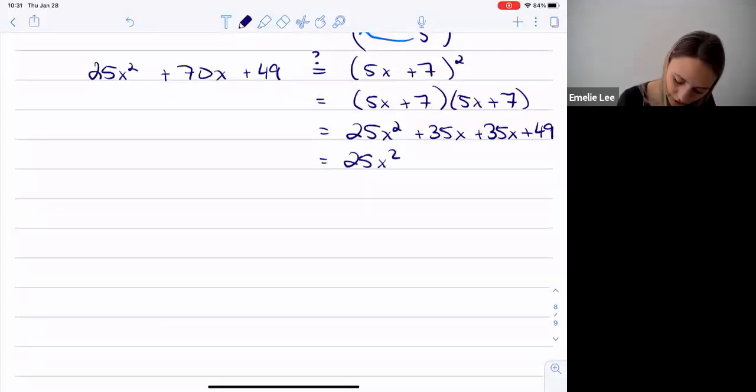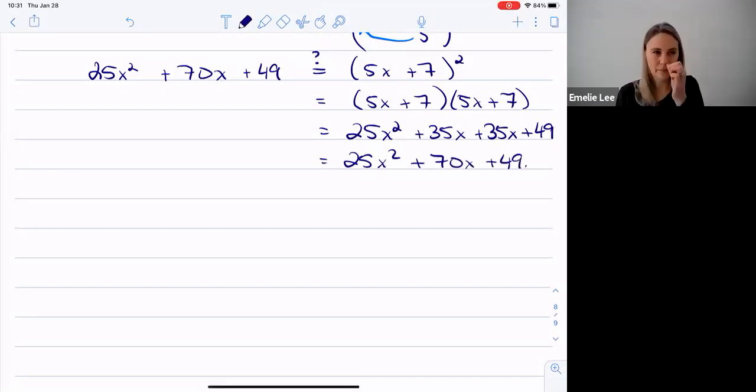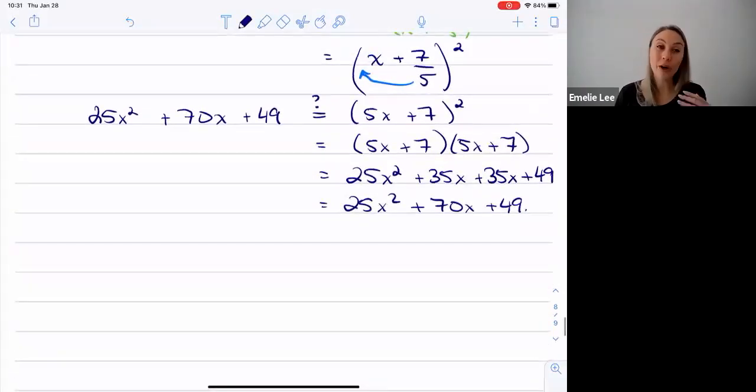So that makes 25x squared plus 70x plus 49. So when we end up with fractions as our root, that's our root, that's fine, but when we use that, we have to manipulate it a little bit in order to use it to factor.